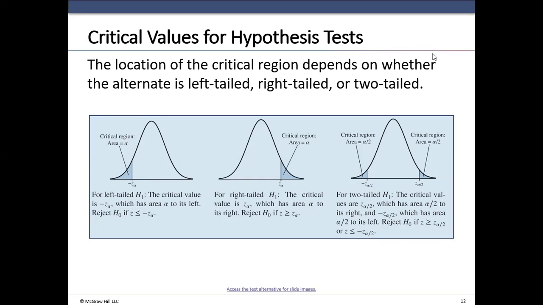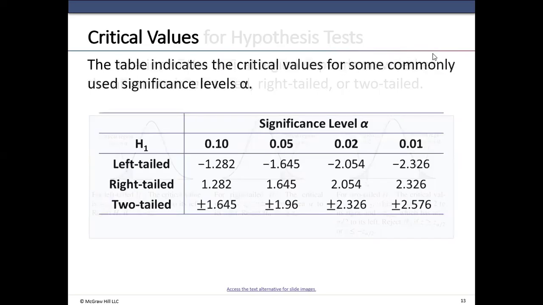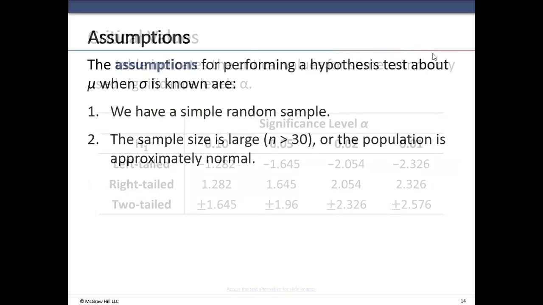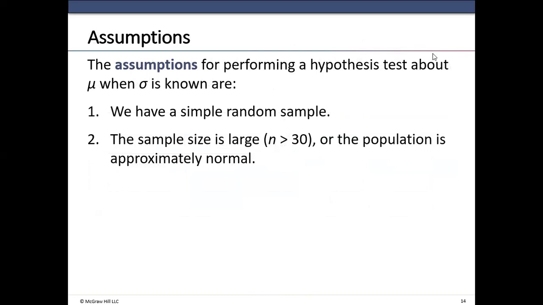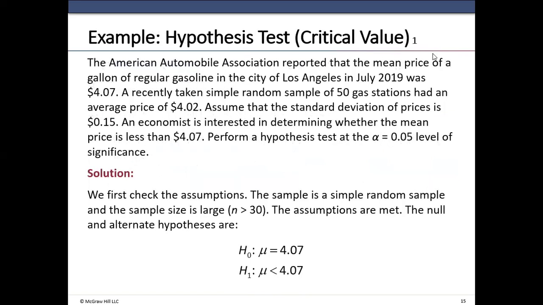We calculate z. If it falls either in the left critical region or in the right critical region, we will reject H0. And this is a table of the assumptions for performing a hypothesis test about mu when sigma is known: that we have a simple random sample, and sample size n is greater than 30, or the population is approximately normal.